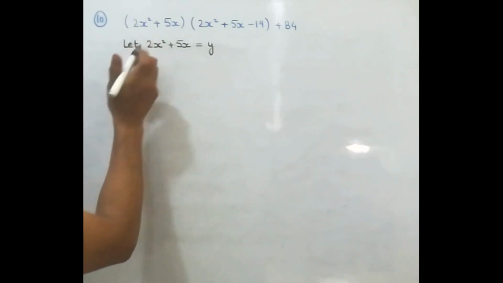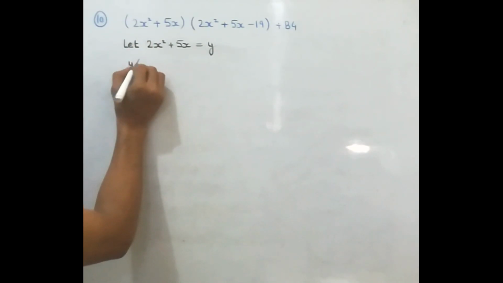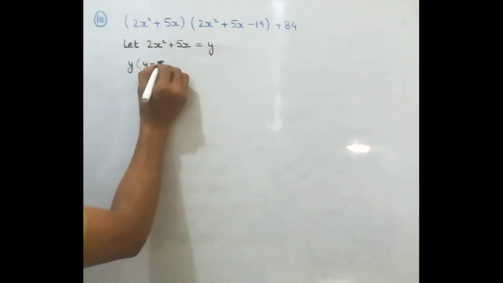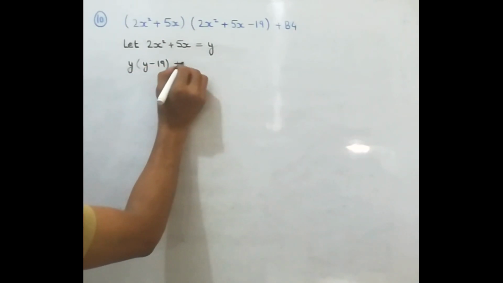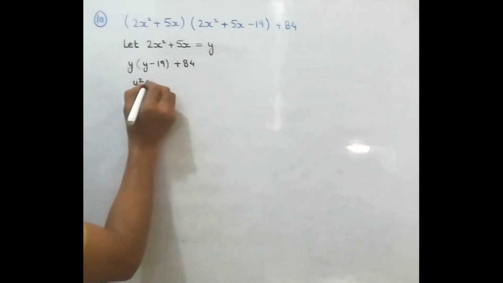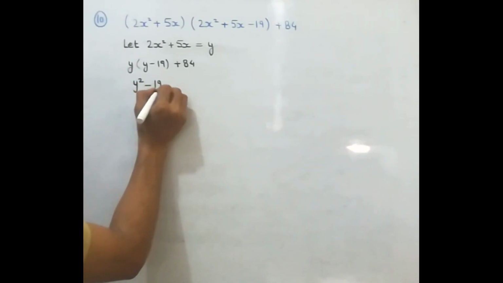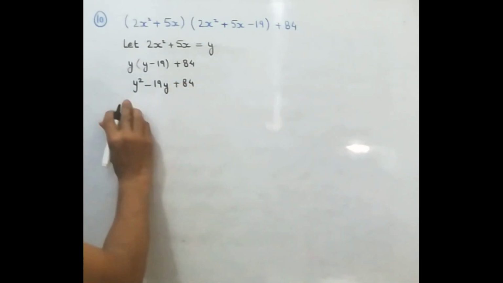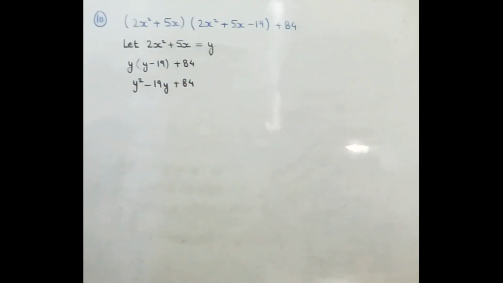So we can say this will become y into y minus 19, plus 84. So finally the expression will be like this. So we have got an expression in the form ay square plus by plus c.